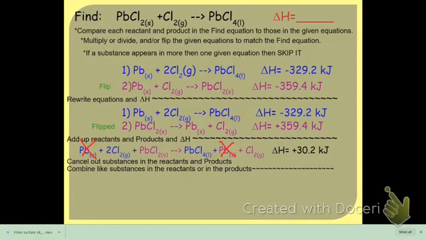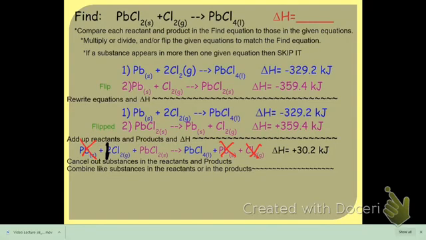Look at here, we have a chlorine 2 gas on this side, 2 chlorine 2 gases on this side. Well, just like you did balancing equations, I can get rid of 1 chlorine from both sides. And then when I bring everything down, look at what we got.